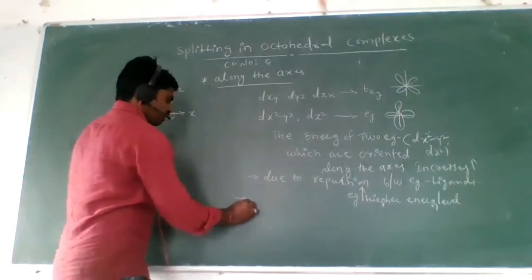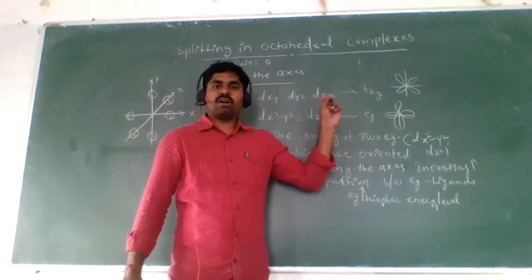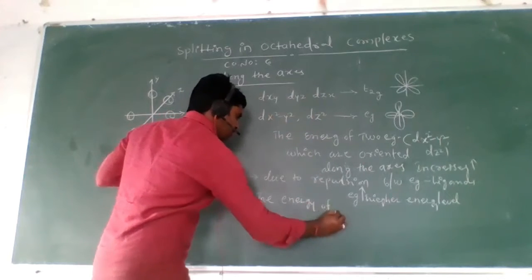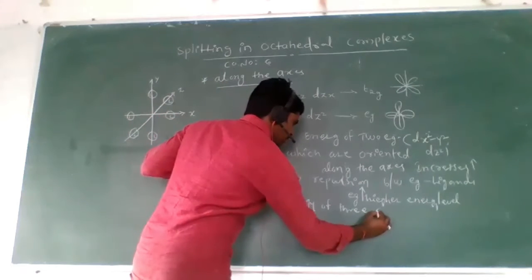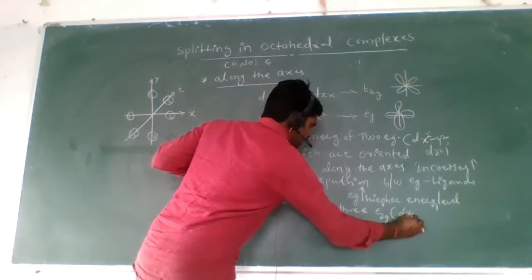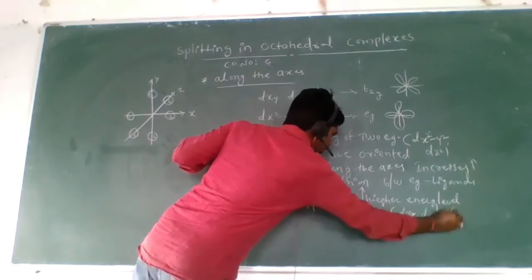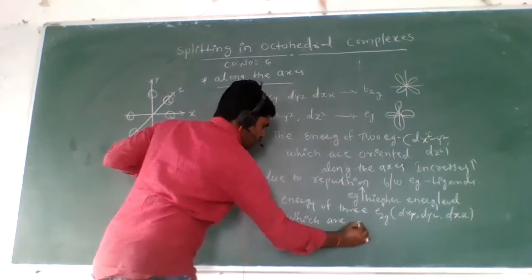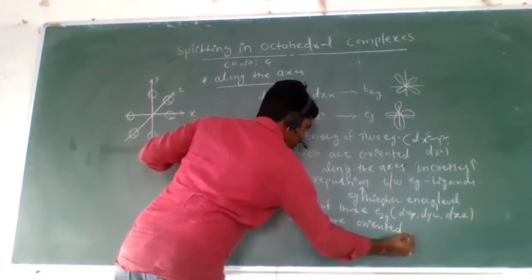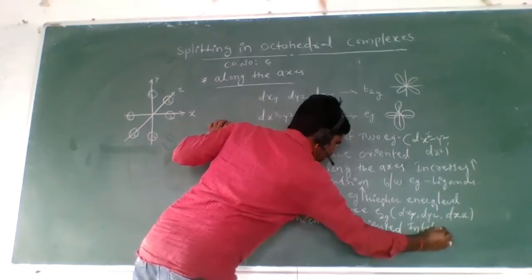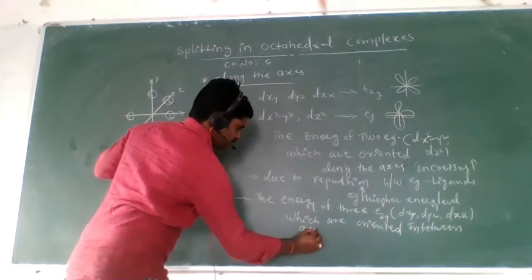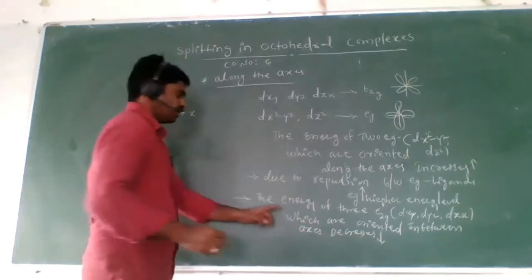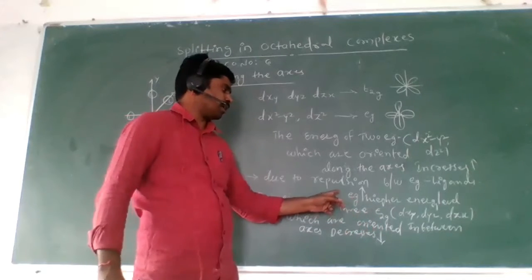The next point: the energy of the three orbitals, the T2g, in brackets dxy, dyz, dzx, which are oriented in between the axes, decreases.